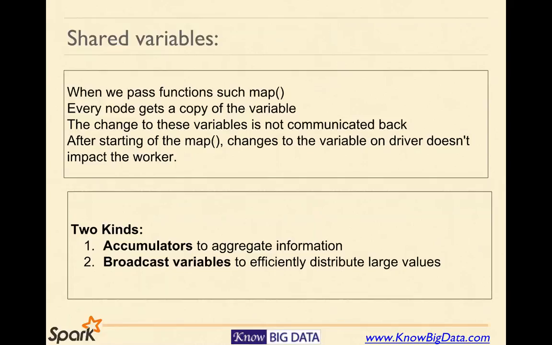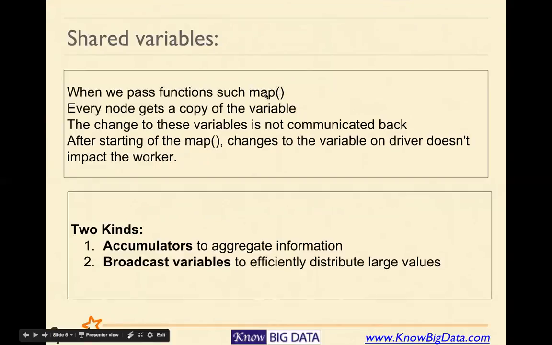When we pass functions such as map, every node gets a copy of the variable. Whenever you pass functions to your map function, filter function, flat map function, every node gets a copy of that function, along with the things that go along with it.